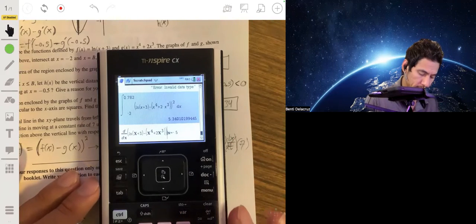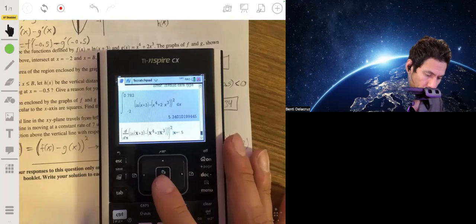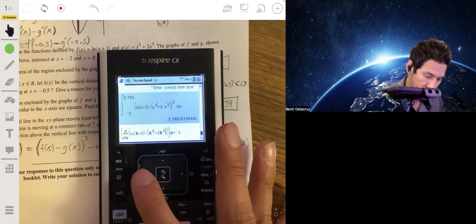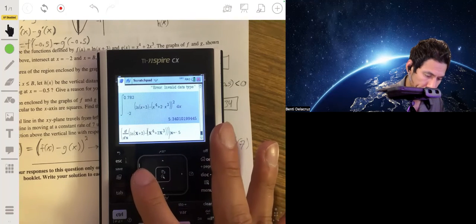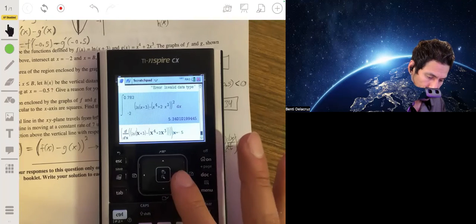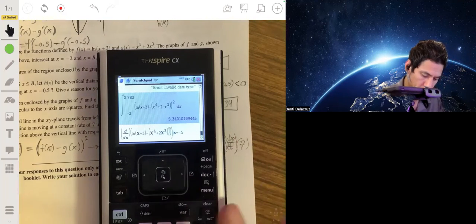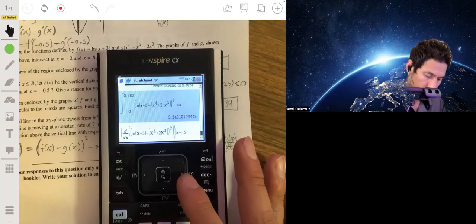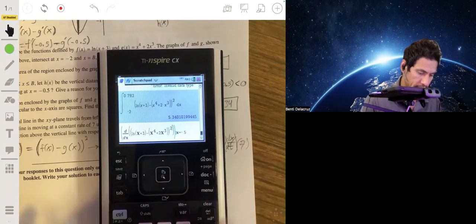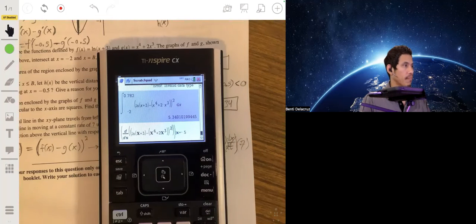The entire expression is squared, remember? I have to make sure I put this in the parentheses. Okay, and that's the area.